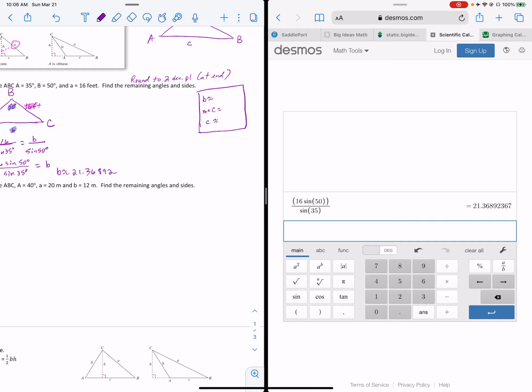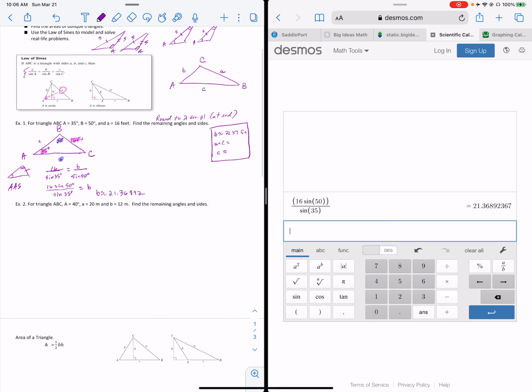In my answer box, I will just write 21.37, and that is going to be feet. But I'll probably be using B to find something else, or I could, so I want to make sure I have more decimals in case I use it again. All right, so that's B.